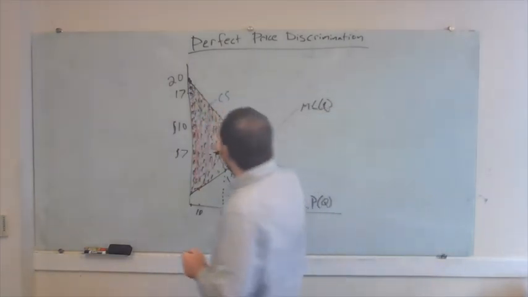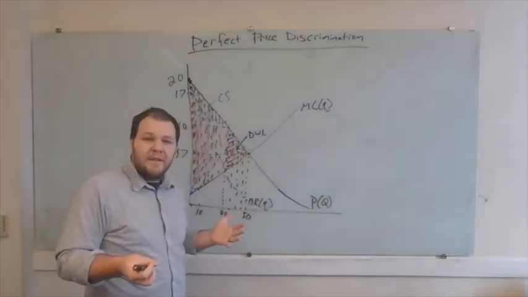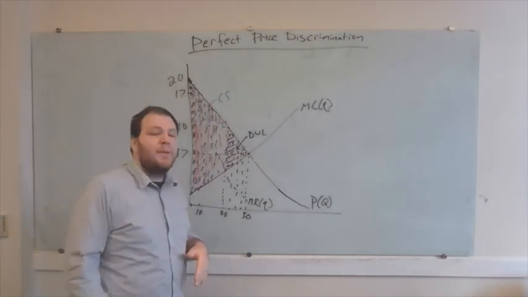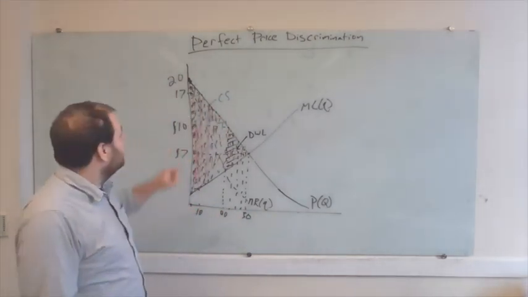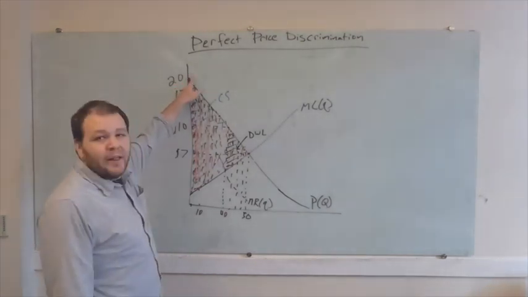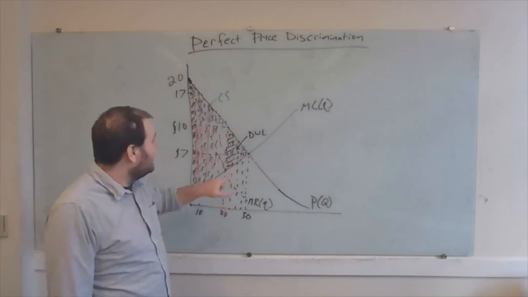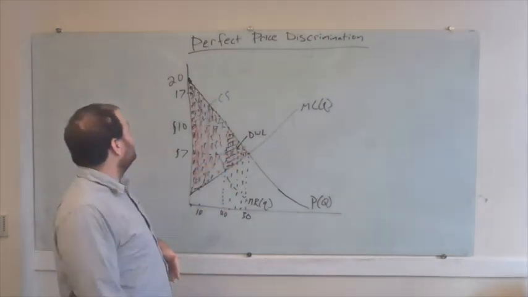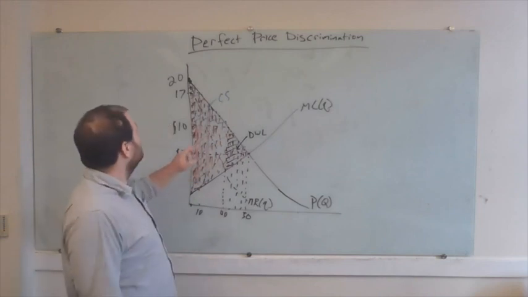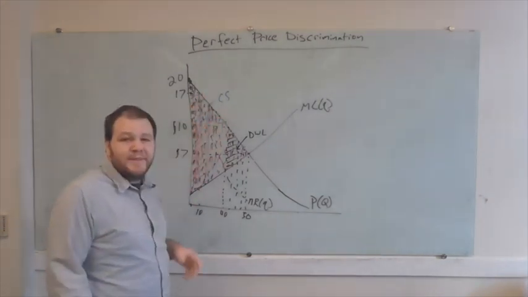Remember that the demand curve to a firm is just the horizontal summation of all the individual demands. In order to perfectly price discriminate as a fortune teller, I need to know that Bob is the person willing to pay $20 for session 1, but Bob is only willing to pay $10 for session 2 and $8 for session 3, whereas Charlize is willing to pay $17 for session 1, $12 for session 2, et cetera.